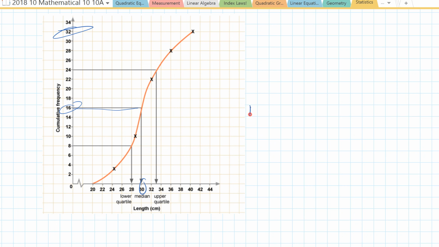Essentially, if you have the lowest, highest, and that's cut in half. This half here is called the median. Sometimes you might also have heard it called Q2. Here, that there is the lower quartile.